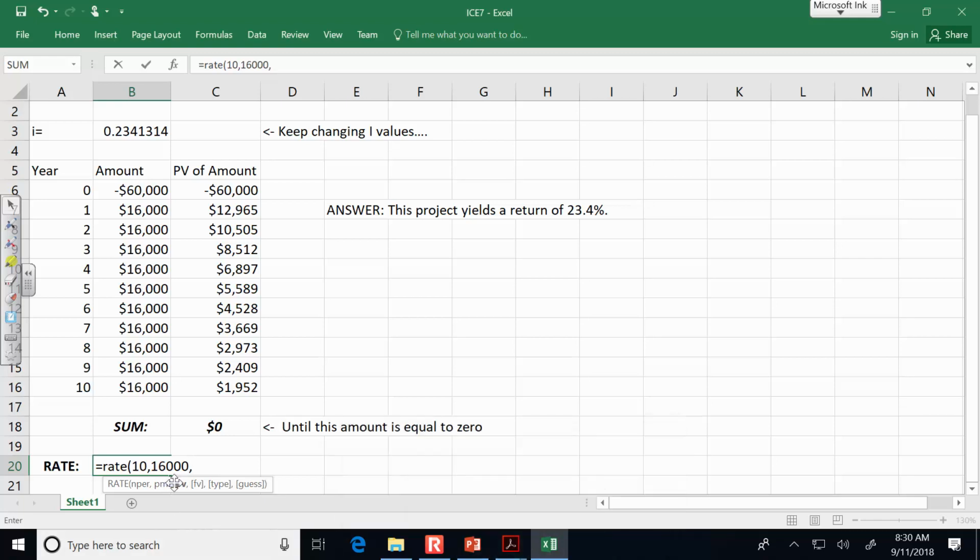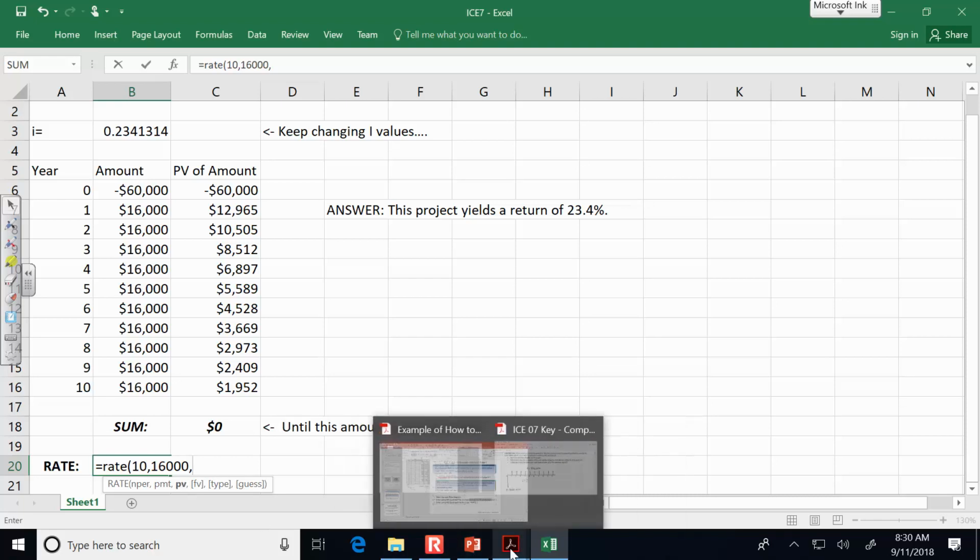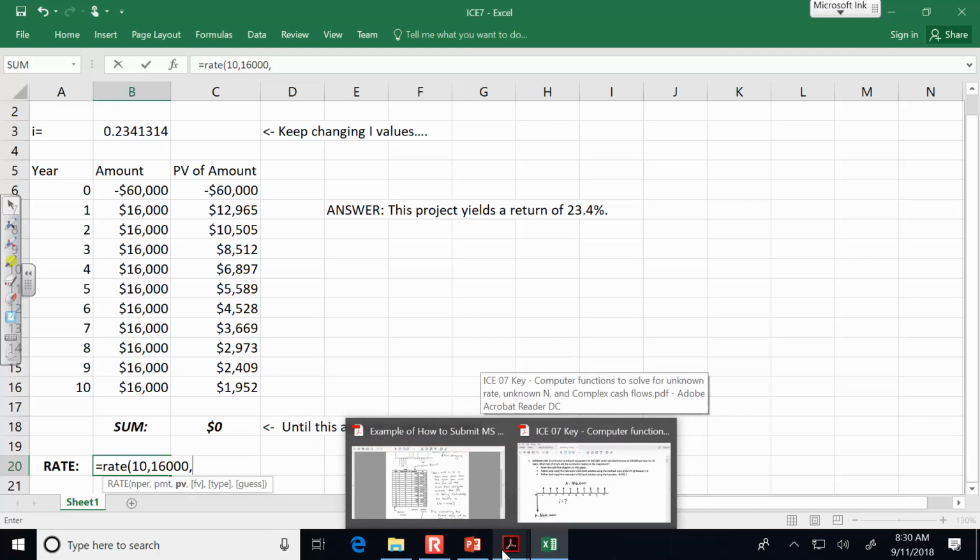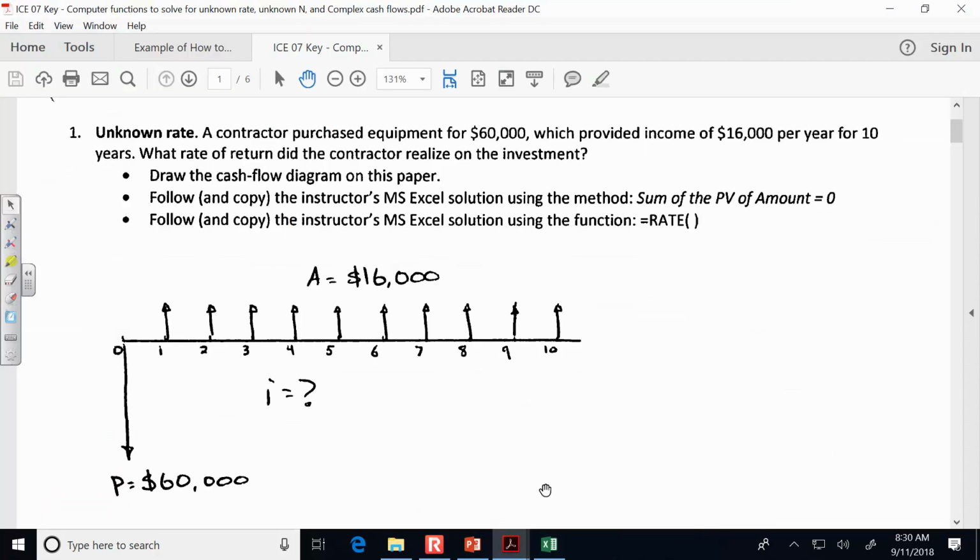So now it's asking PV. What do you suppose that means? Present value, right. What was our present value? Close. 60,000 is the absolute value of our present value, but we need to indicate the magnitude, the direction of it as well. So we need to put in minus 60,000 because that was an outflow. That person was contributing the present value.